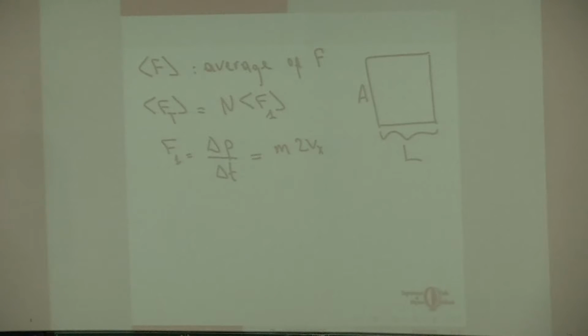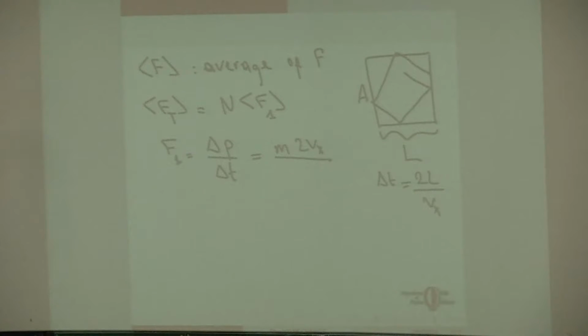So if this is the case, then delta t, so we have this single molecule, it hits here once, bounces around, comes back and hits it again. The time difference between these two hits, well, the total distance it covered in the horizontal direction is nothing but 2L divided by its horizontal speed, the horizontal component of its velocity, vx. So this is the average time, the time between two hits.